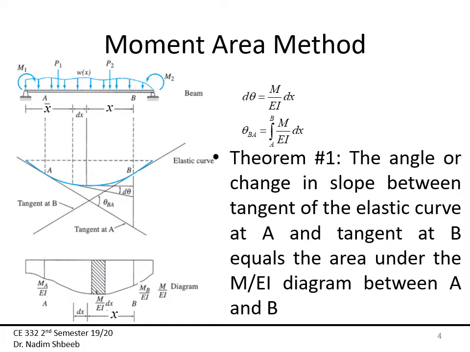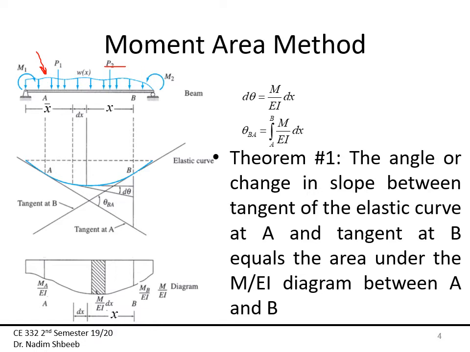Now, first of all, let's look at the beam that we have. So this is a beam which has some general loading on. You can see there's a concentrated force, P1, P2, there's some distributed loading, and then there is some concentrated moments.